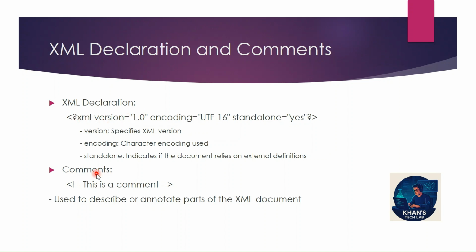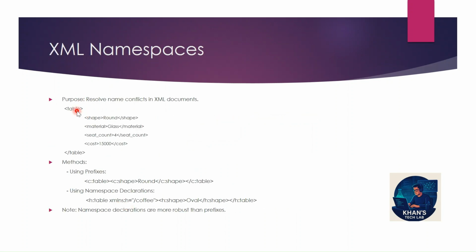Then come the comments. If you want to make the XML document more readable so that any user can read it, you can use comments. As you can see here, they are used to describe or annotate parts of an XML document. For example, if you want to add a comment like this table represents this database object, you can add that in the comment section.